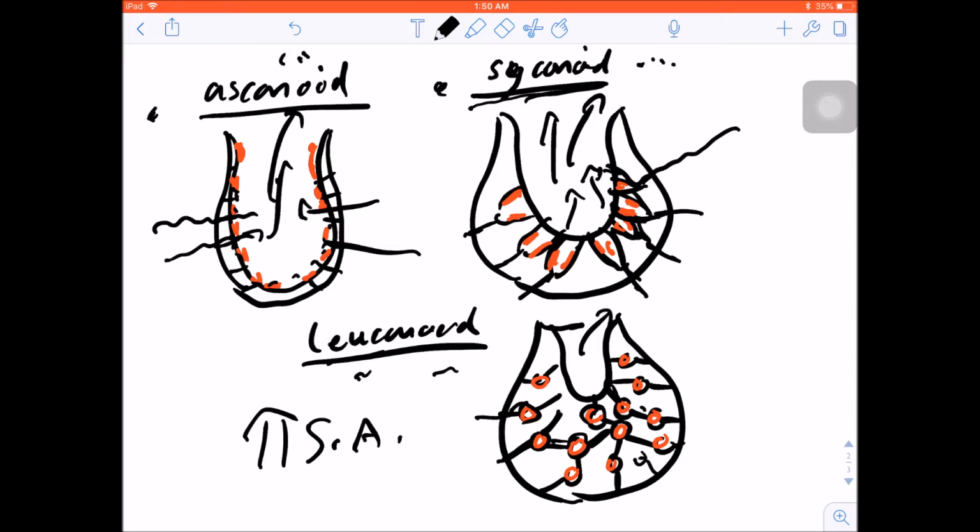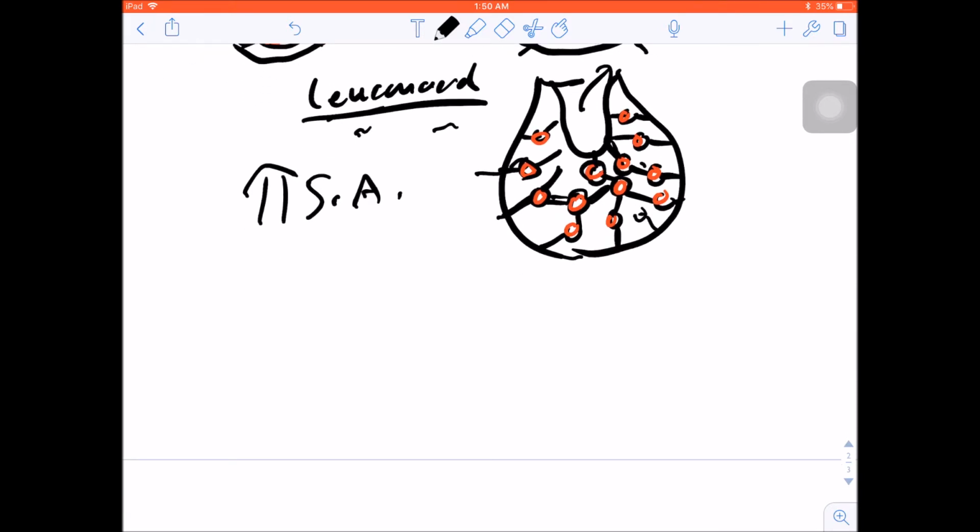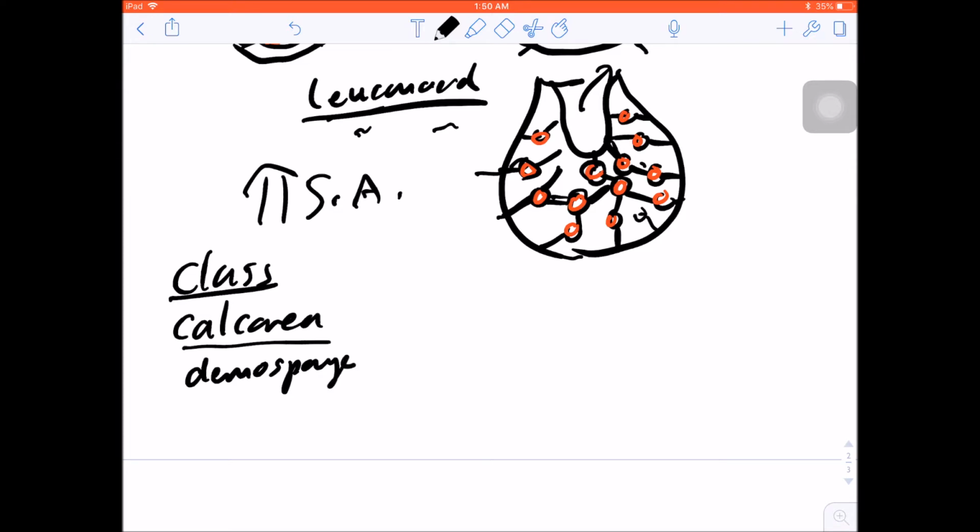Okay, so now let's go on to the different classes of sponges. You'll also need to know the different classes and their names. So you'll have the calcareous sponges, class Calcarea, the demosponges.